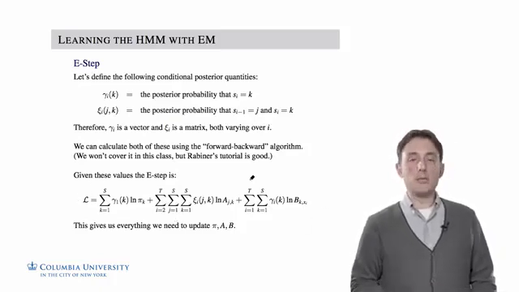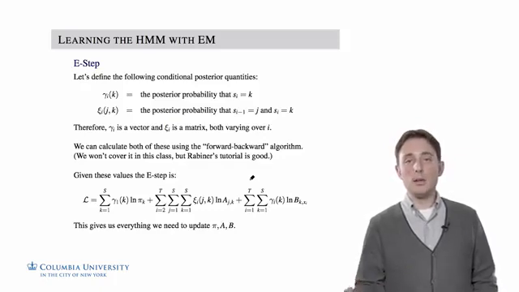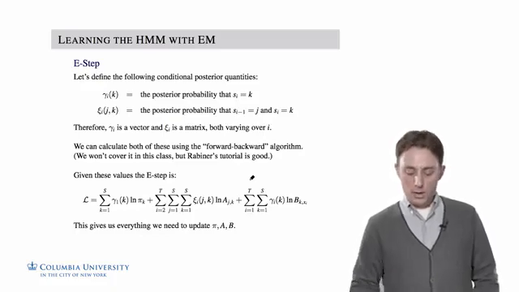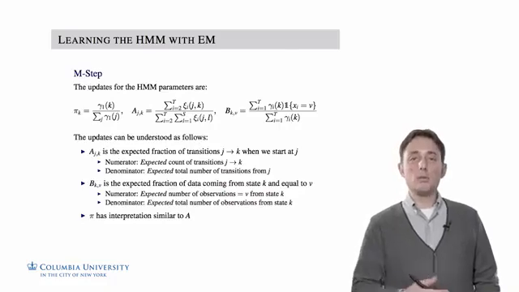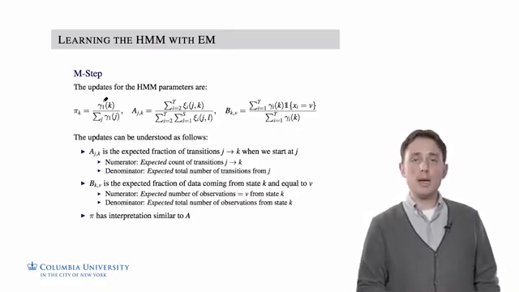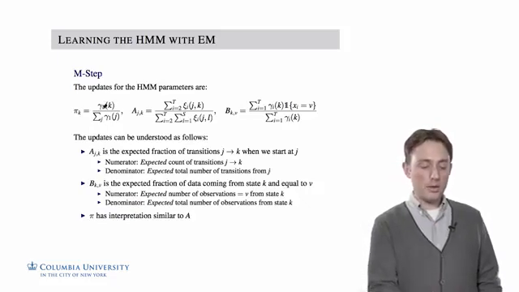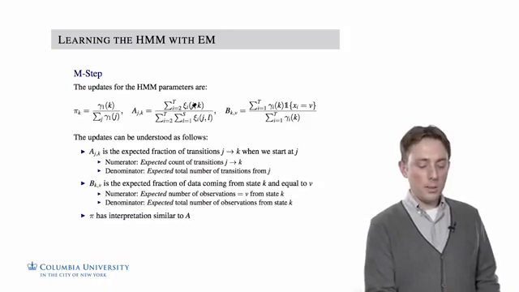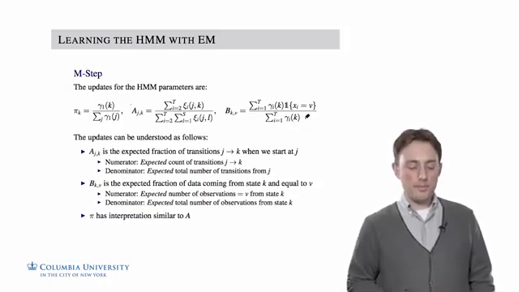Now we need to just maximize this with respect to pi, a, and b. We take derivatives, use the constraints that they have to be probability distributions that sum to 1, and we obtain this final result. These are the M step, after calculating gamma and psi in the E step. We have this M step update.